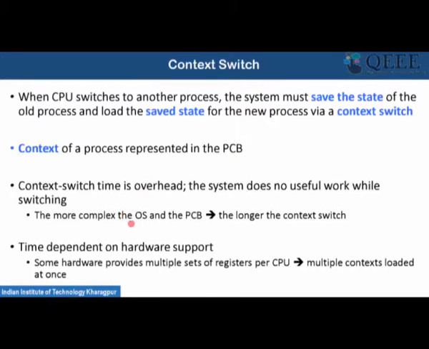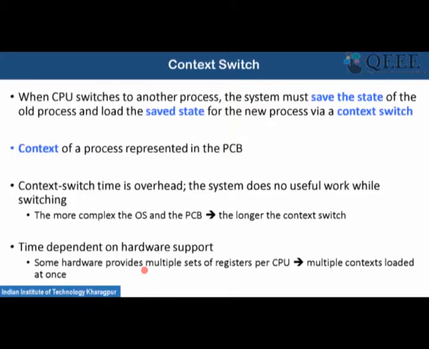So for a more complex operating system and process control block, it takes longer for context switching. Now the time for context switching depends on the hardware support. If you have hardware which provides multiple sets of registers per CPU, that means you can load multiple contexts simultaneously. These registers are temporary variables which store the local variables, the states of the variables and all these factors.